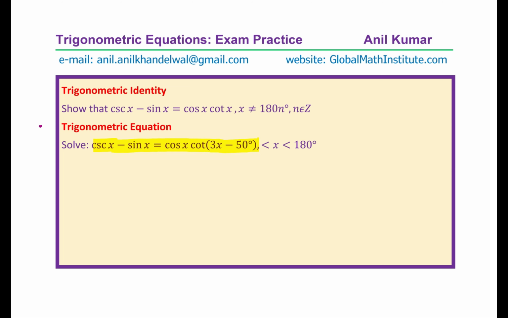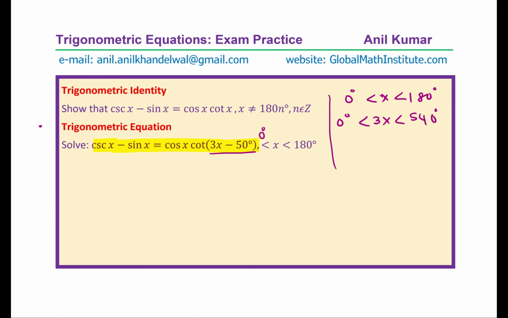Now we are given that x should be between 0 and 180 degrees. We have 3x minus 50, so you should work on this also. If x is between 0 degrees and 180 degrees, then 3 times x will be between 0 degrees and 540 degrees. Just multiply by 3.